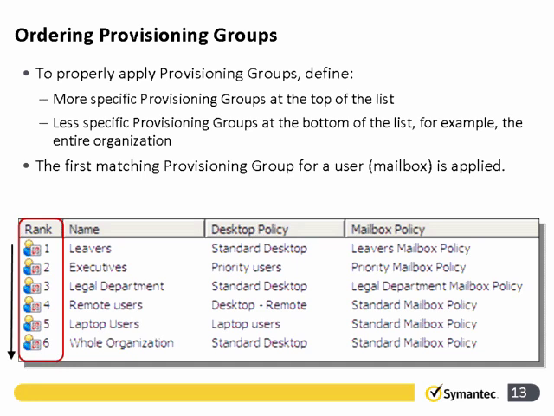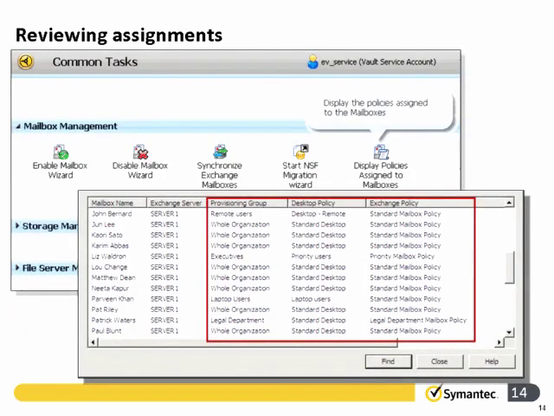So therefore, if I'm a member of the Leavers and the legal department, I will have the Leavers provisioning group assigned to me, which means I will get the settings associated with the Leavers provisioning group instead of getting the ones from the legal department, because the legal department is the third one. And I will only belong ultimately to one provisioning group, or will have only the settings associated with one provisioning group attached to me. I also have the option of testing out the ranking system.